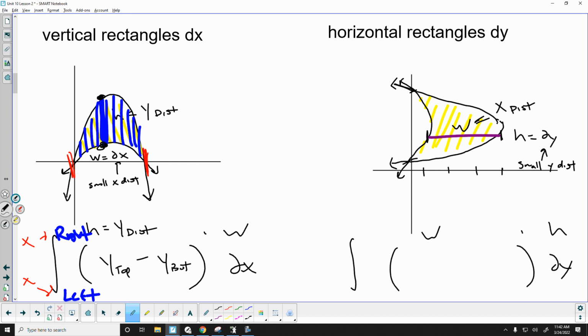The x coordinate, the x equals on the right minus the x equals on the left. Here, if this is 4 minus 1, oh yeah, this width is 3. So my x distance can be found by taking my x equals on the right and subtracting my x equals on the left.